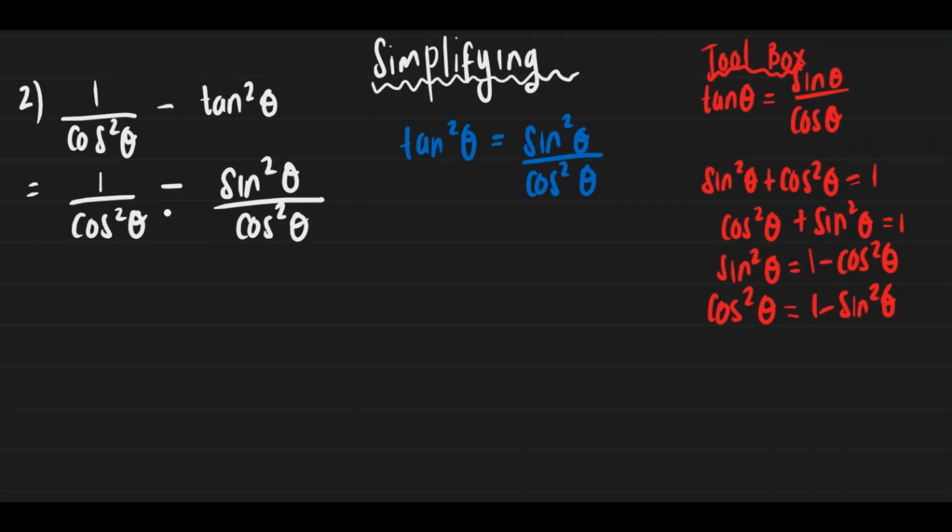And what do we see? We see that we have cos squared theta and cos squared theta as a common denominator. So we can write the denominator as one thing, because we know this: if we have, for example, A divided by B plus or minus C divided by B, since the denominators are the same, we can write it as A plus or minus, in our case minus, C, divided by just B. So let's do that.